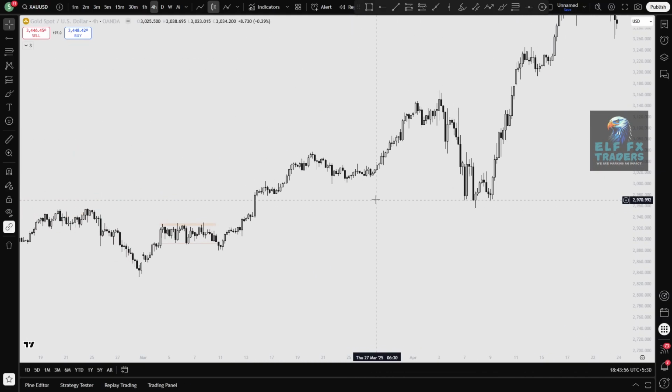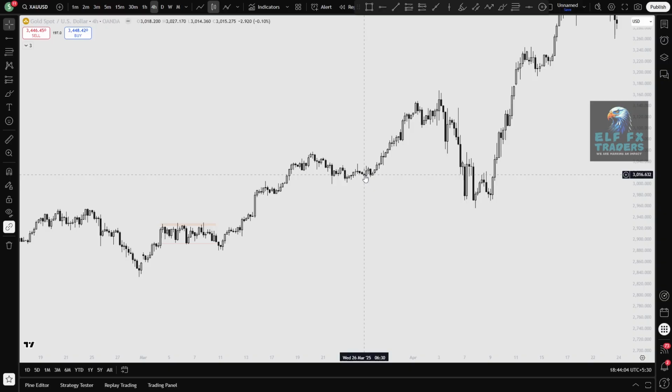Where is the difference between the line chart and the candlestick chart? The difference is that the line chart only focuses on the closing and the opening of the price.